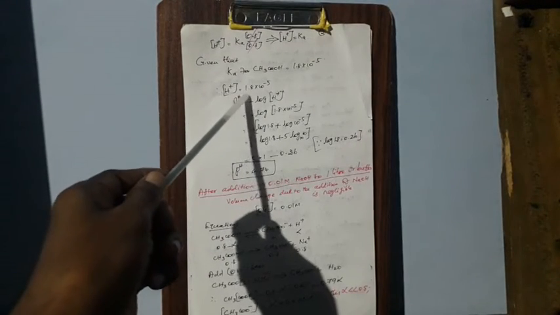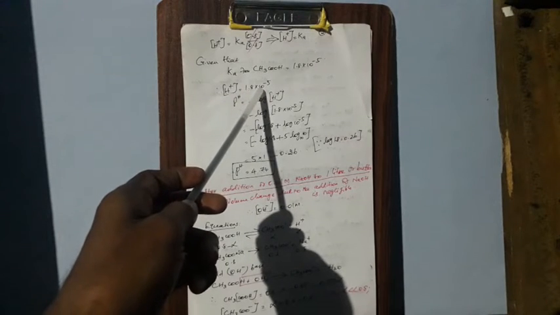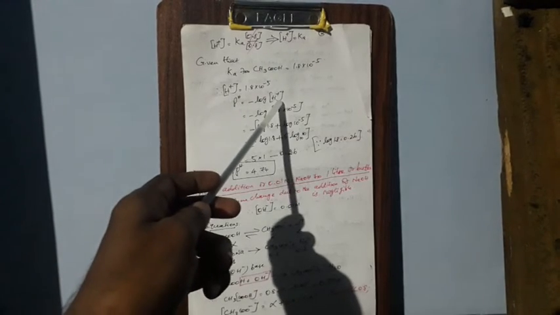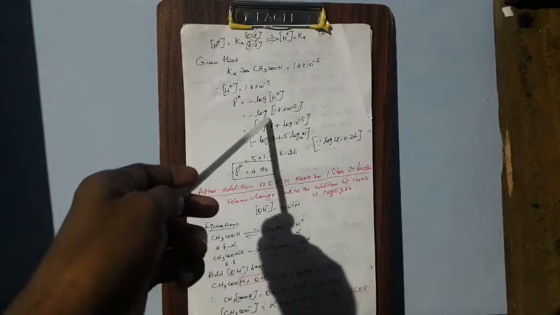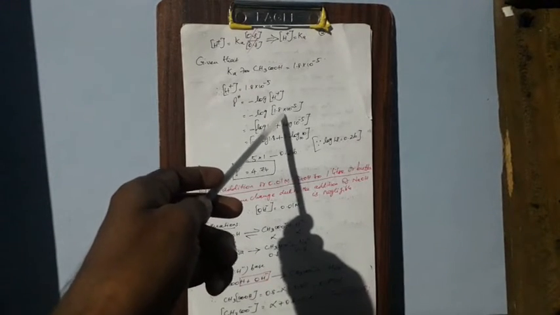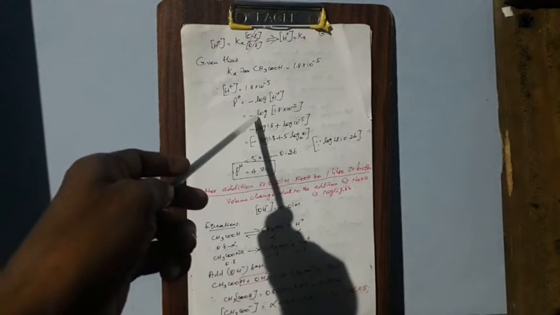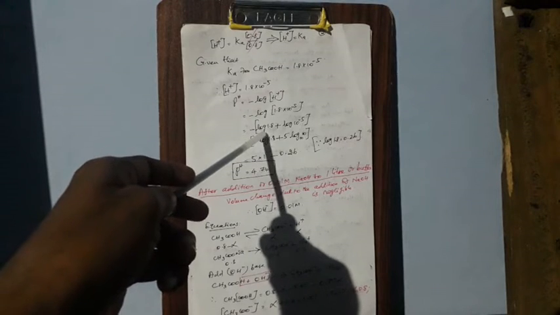So H plus is equal to 1.8 into 10 to the power of minus 5. So pH is equal to minus log H plus. Filling in the H plus value, minus log of 1.8 into 10 to the power of minus 5.